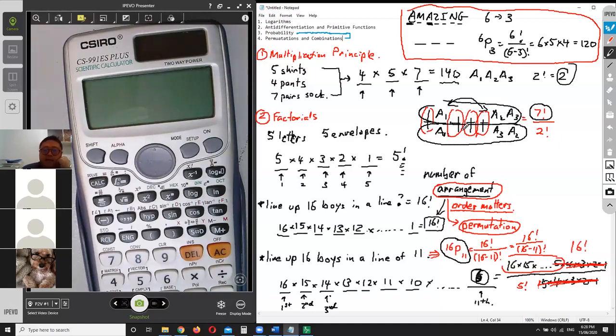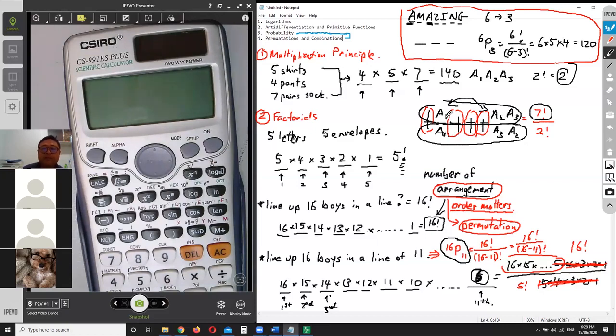So we're counting all the A's as the same. What I'm trying to illustrate is how many duplicates there will be.